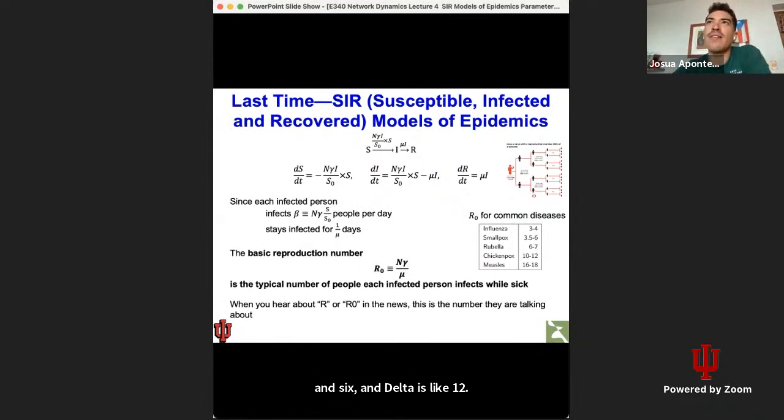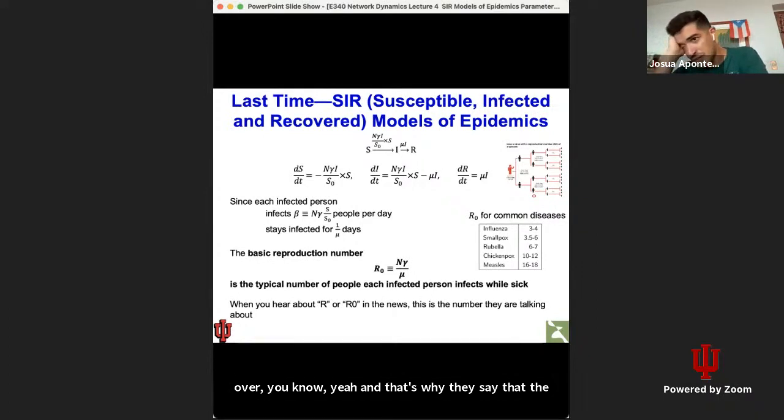So yeah, basically Delta is 4 times more infectious than Alpha, but that information we can get from just the parameters of the model. It's going to be what we call beta, the infection rate per encounter, over mu. Yeah, and that's why they say that Delta is as infectious as mumps, for example. They've also said it in the news.